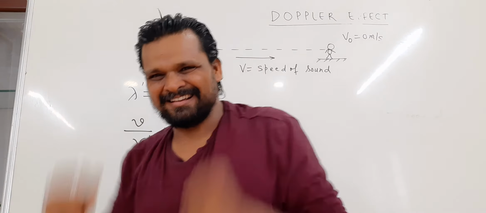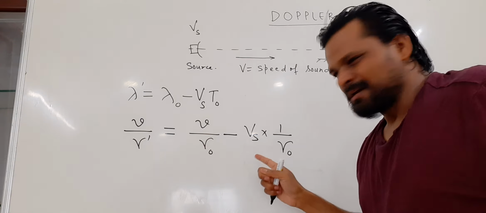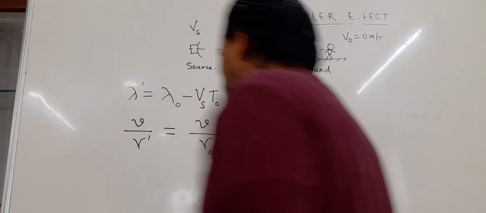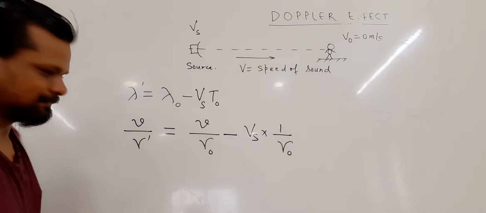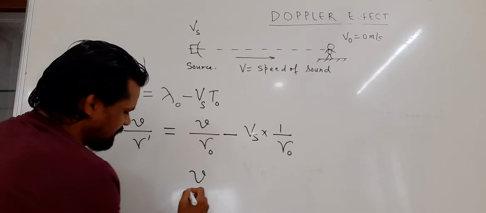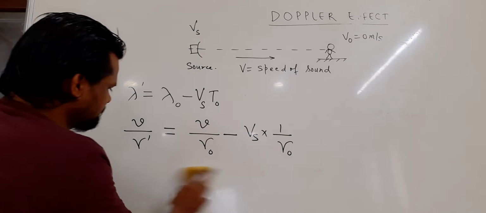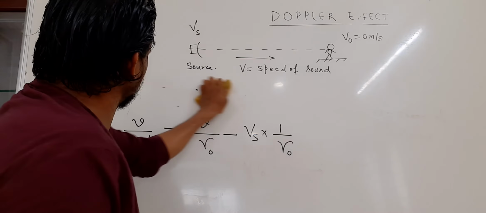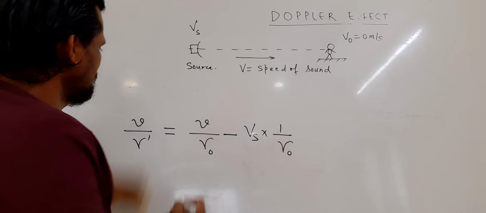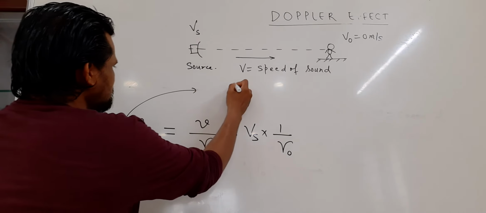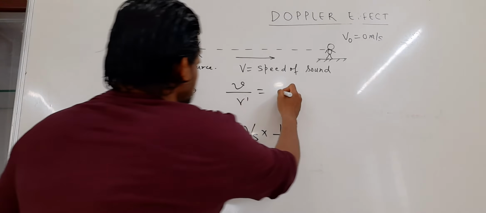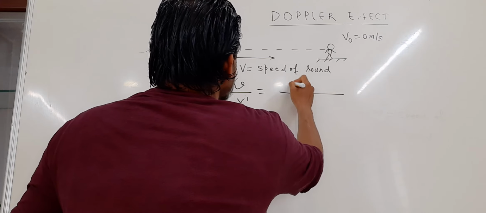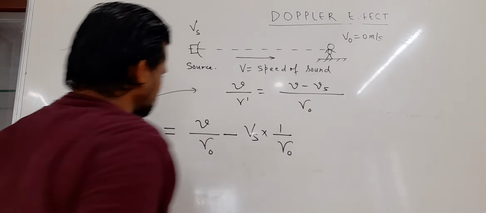After solving this, you will get V by nu dash equals V minus Vs over nu naught.